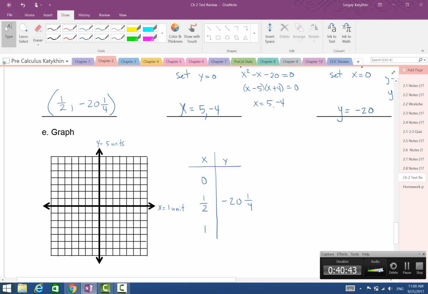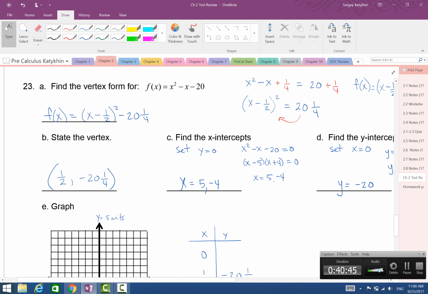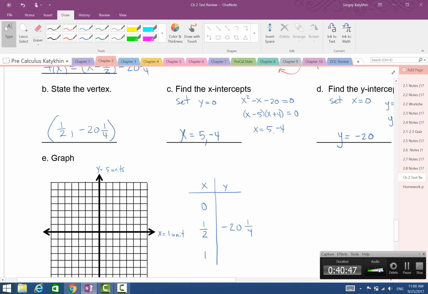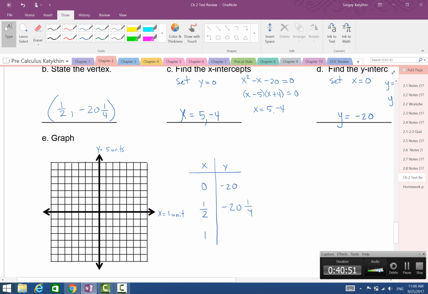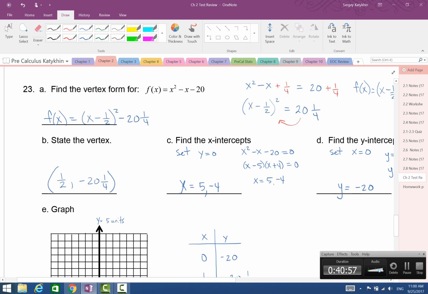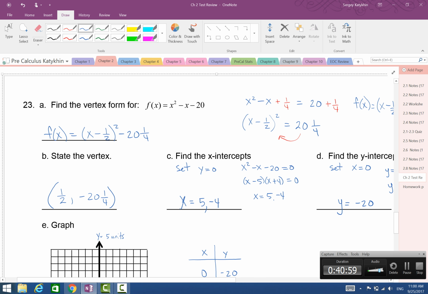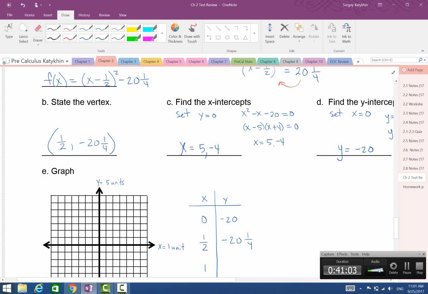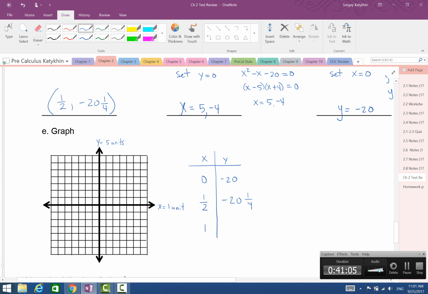So if I plug in 0, so again x is 0, I get negative 20 as a result. If I plug in 1, we get 1 minus 1, and again that will give us negative 20, and it should.